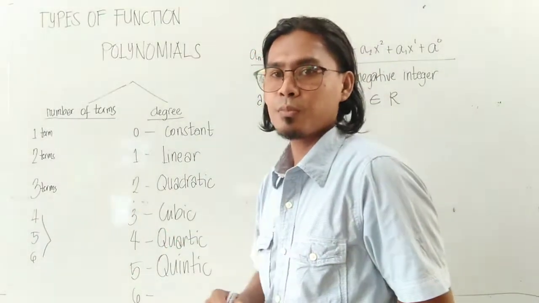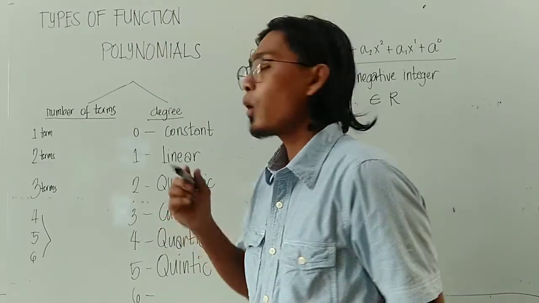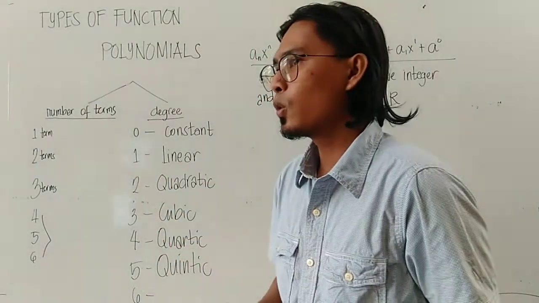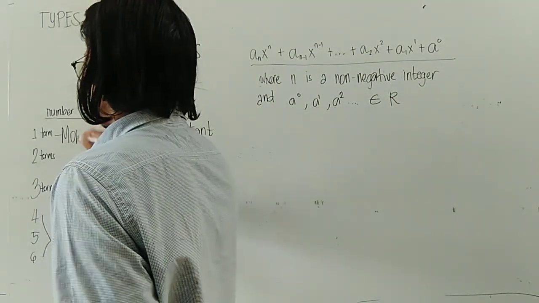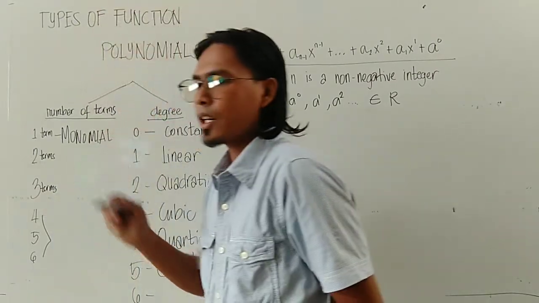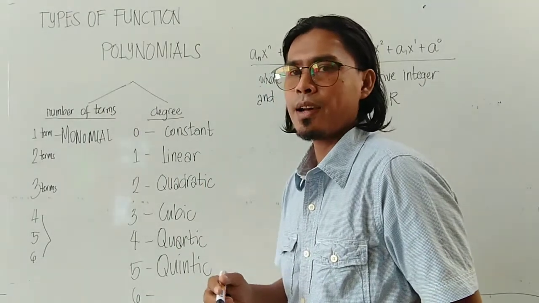According to the number of terms, there are three basic polynomials. Again, number of terms. If one term, it is called a monomial. Okay? You are probably familiar with monomial.